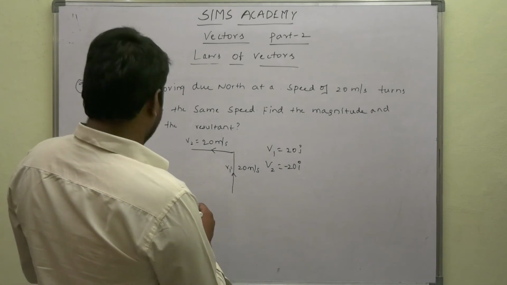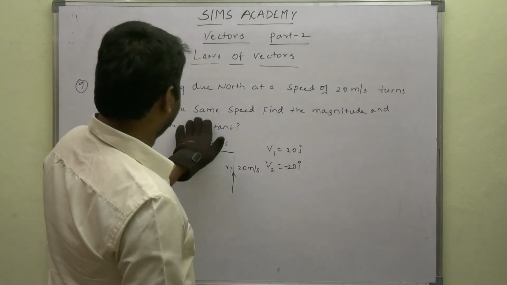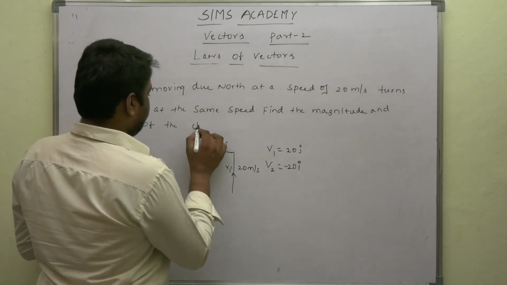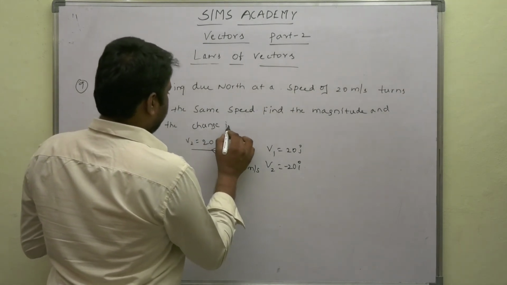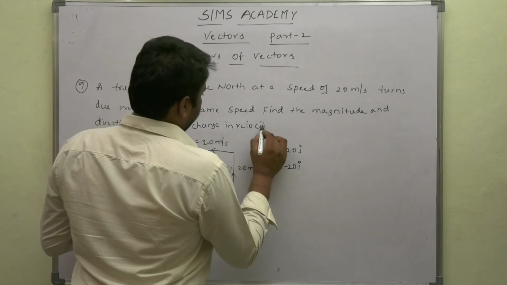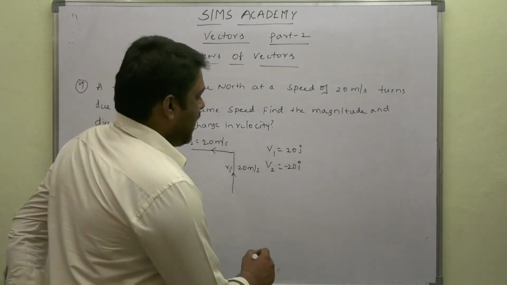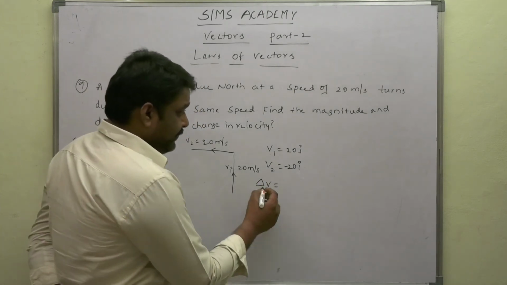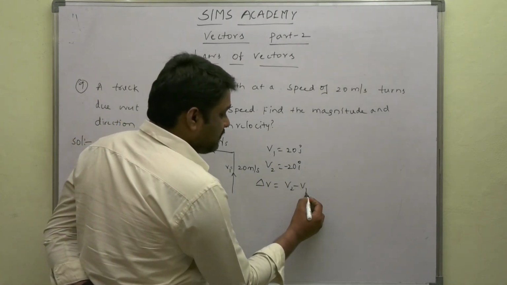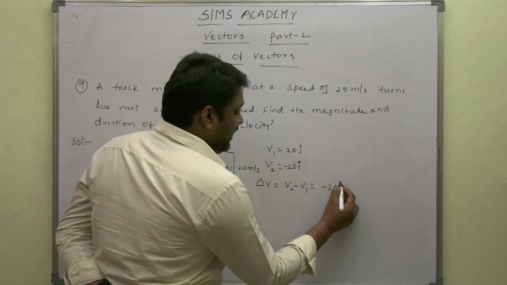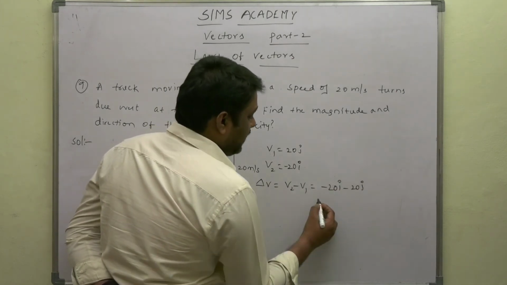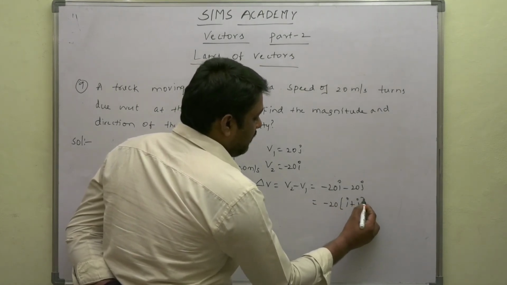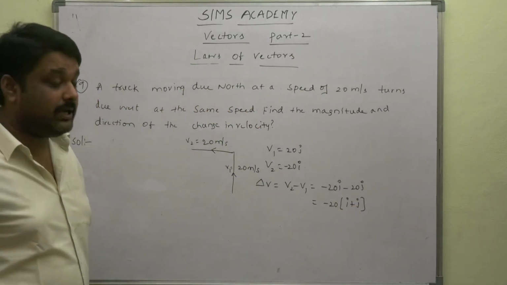Find the magnitude and direction of the resultant or change in the velocity. Now, we shall find the change in velocity first, that is V2 minus V1, minus 20i minus 20j. If I take minus 20 as common, then I am left with i plus j.